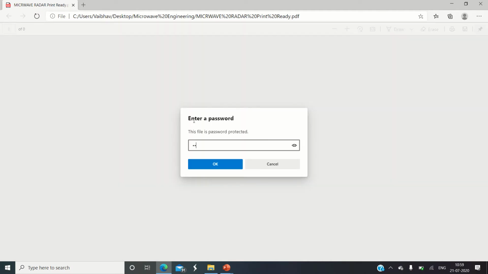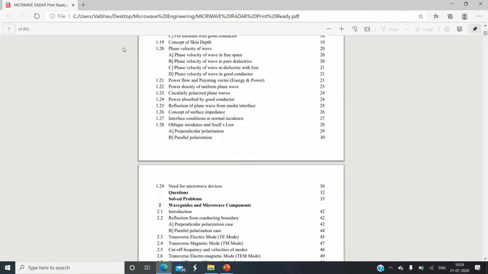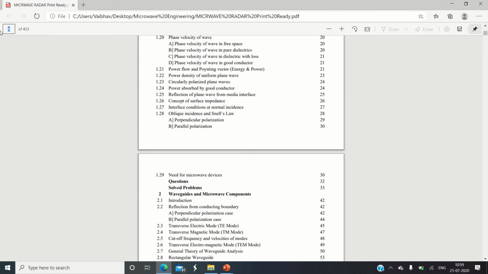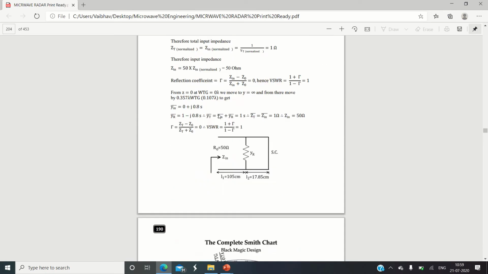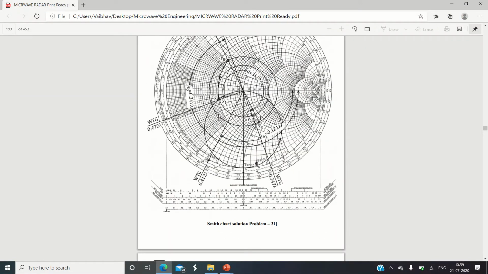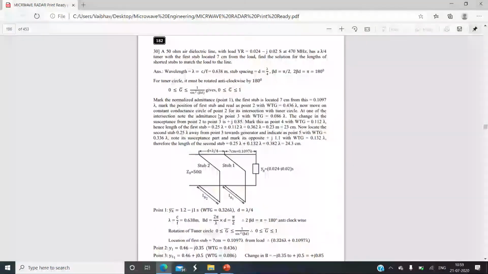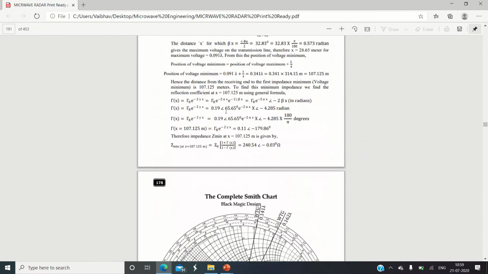We'll open a particular example of single shunt stub. We'll come to the page number, say around 200. These are stub examples, so we'll be going through a couple of examples.